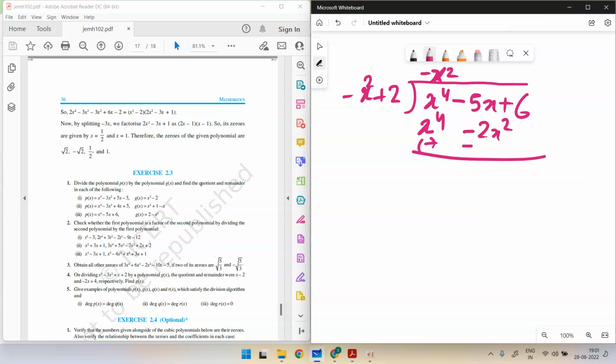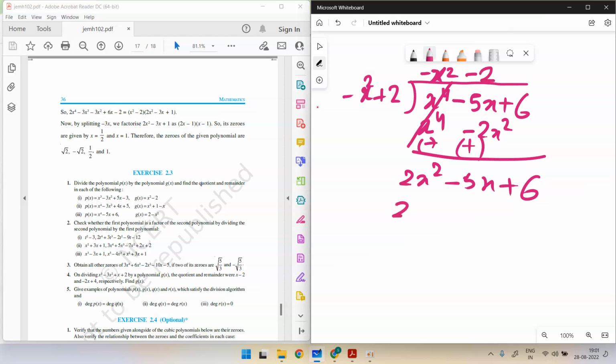Subtract this, so it cancels. The plus 2x square minus 5x plus 6. Now minus x square into plus 2x square, multiply by minus 2.